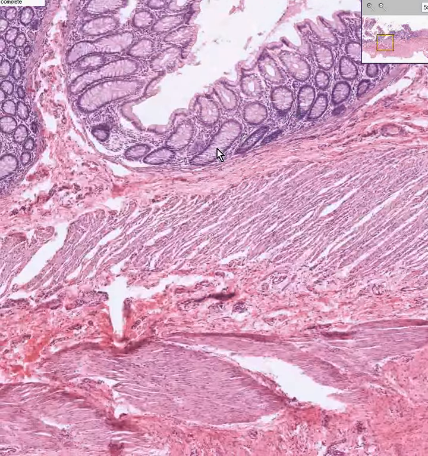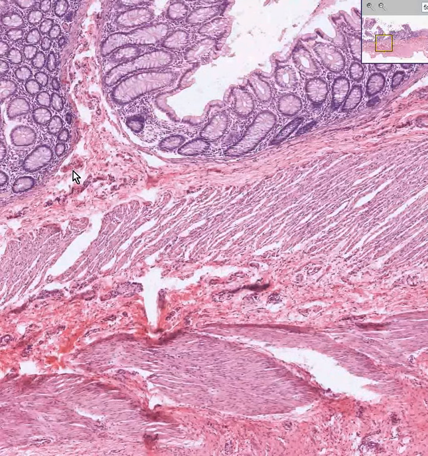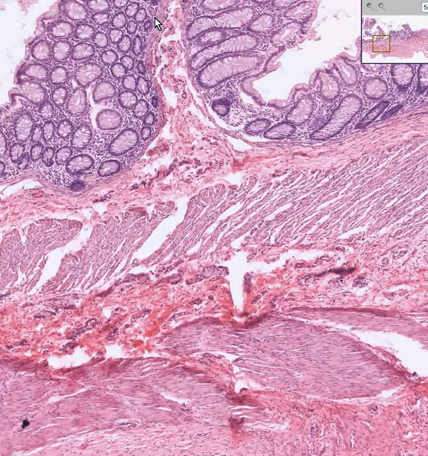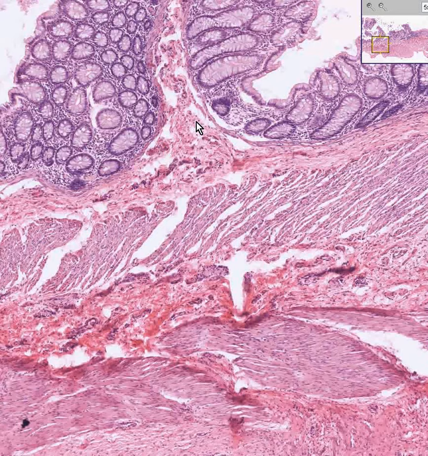There is then a theoretical separation called a muscularis mucosae, which you could see along here, which now separates this mucosa, composed of epithelium and lamina propria, from the submucosa, which is very, very richly vascular loose connective tissue.